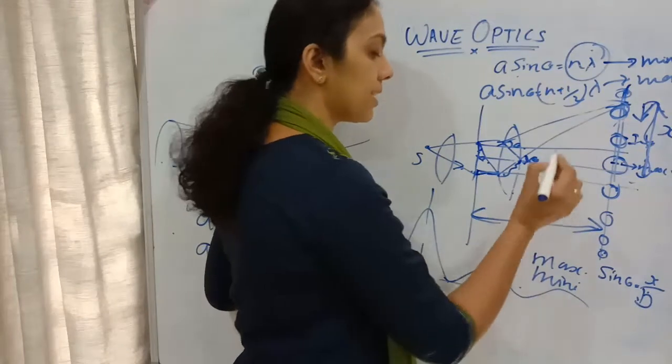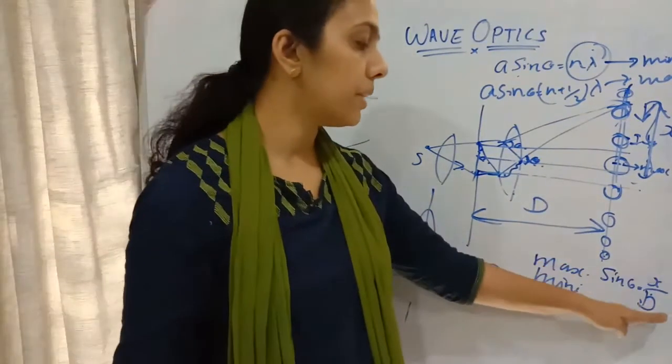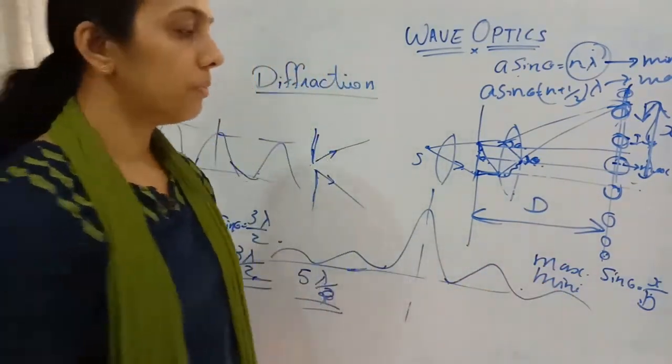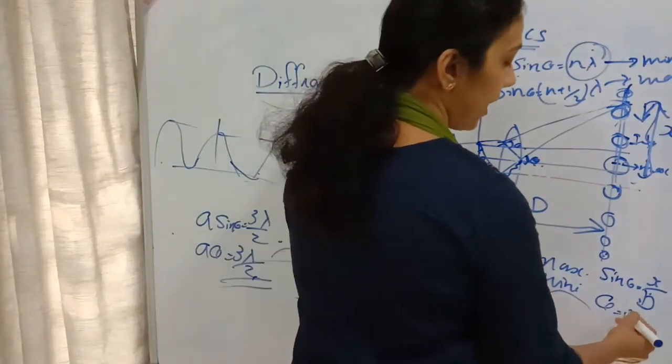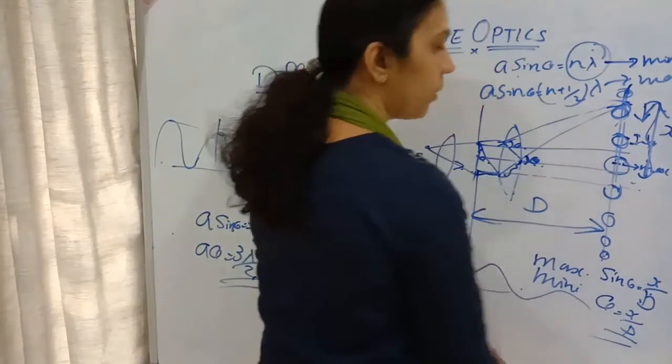So sin theta equals x by D, or theta equals x by D.